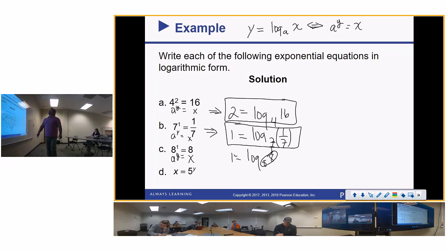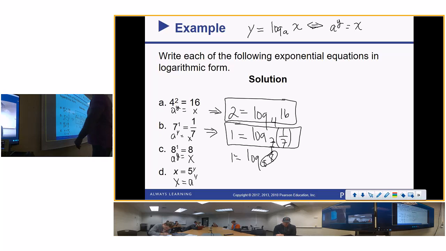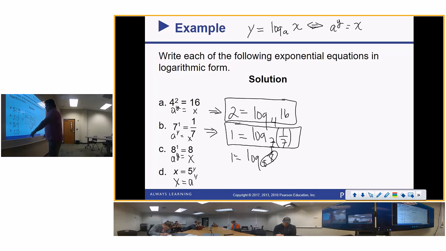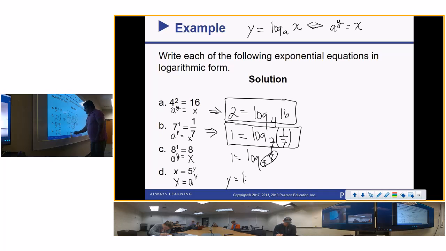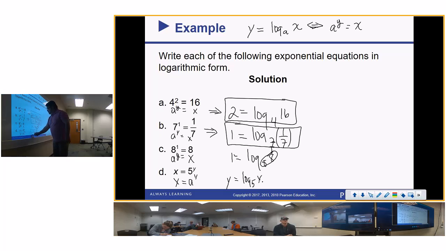Over here, a to the y is equal to what? x. So what's my y? y. What's my a? 5. Log base 5 of what? x.